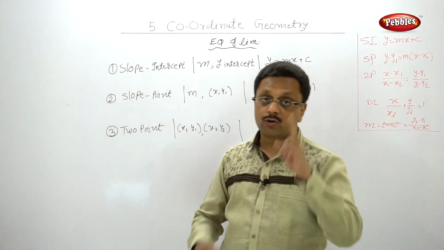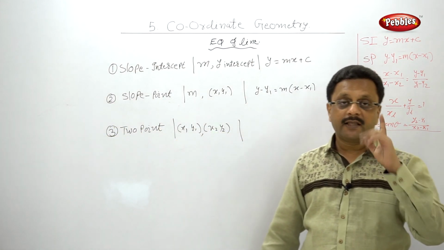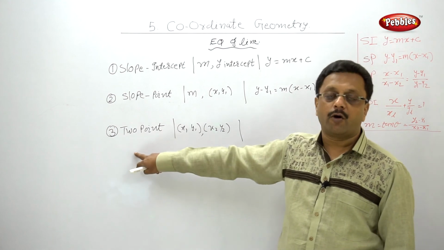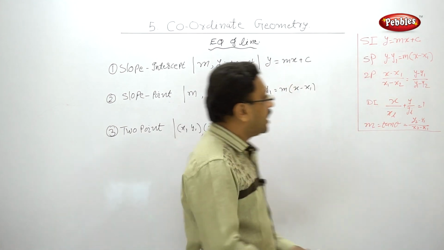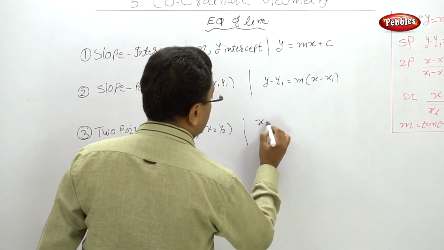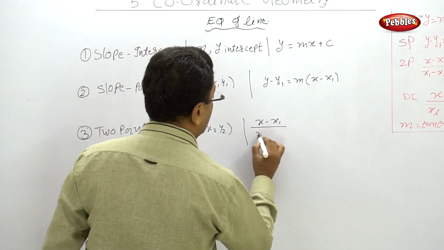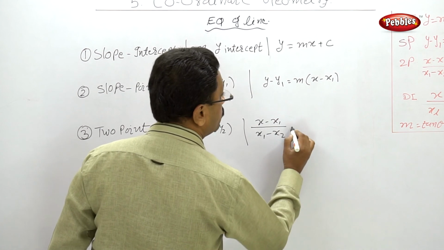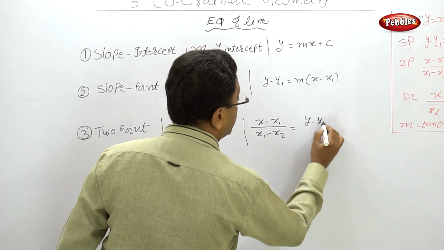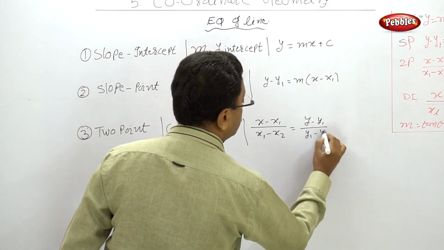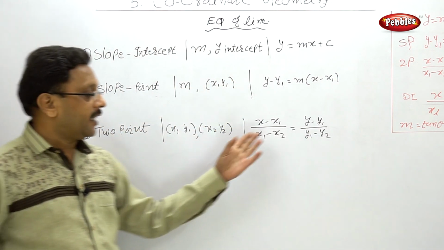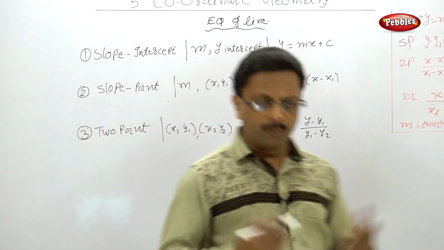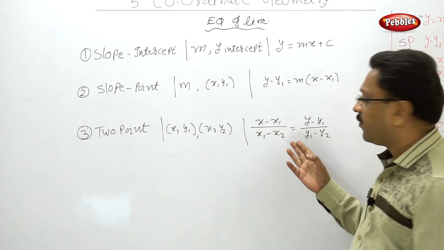So in that case you will be using 2P formula, that is 2 point formula. What is the formula for that? x minus x1 upon x1 minus x2 is equal to y minus y1 upon y1 minus y2. Simply you have to put x1 y1, x2 y2, numerals may be given and you will find this.